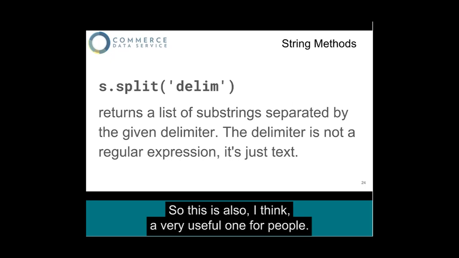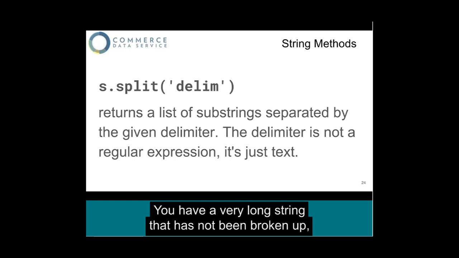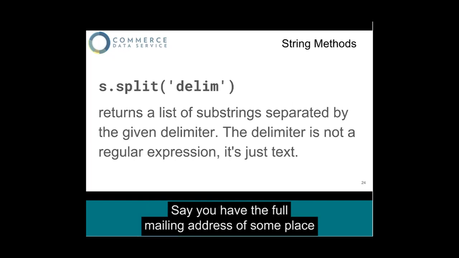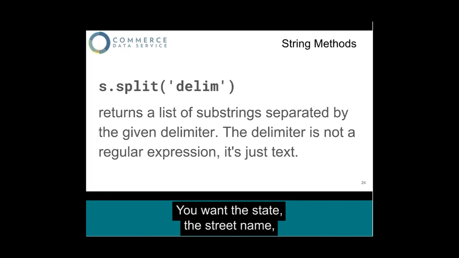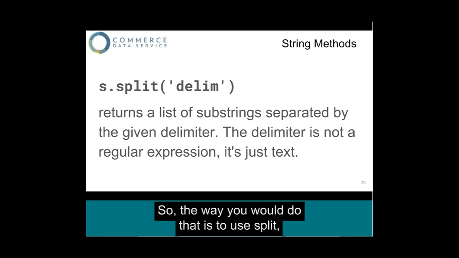So this is also, I think, a very useful one for a lot of people. You have a very long string that has not been broken up, and say you want to break it up. Say you have the full mailing address of some place, and you want to break it up into its component parts. You want the state, the street name, maybe the zip code. The way you would do that is to use the method split. You have a string, you call split, and you pass it the delimiter.